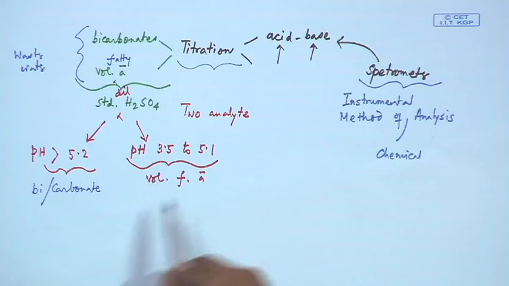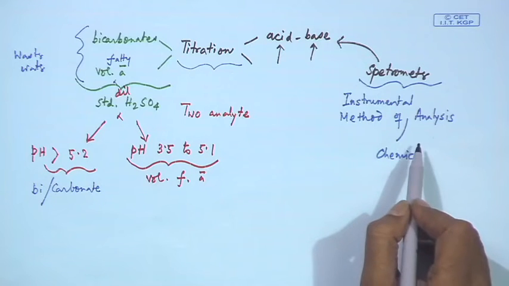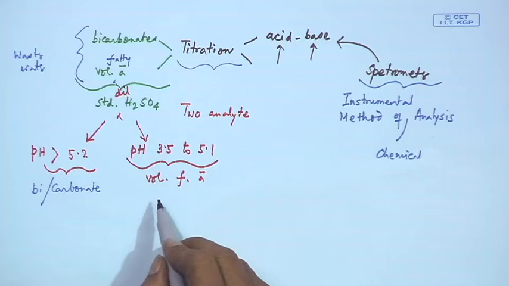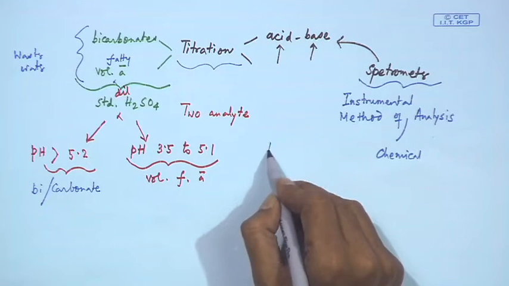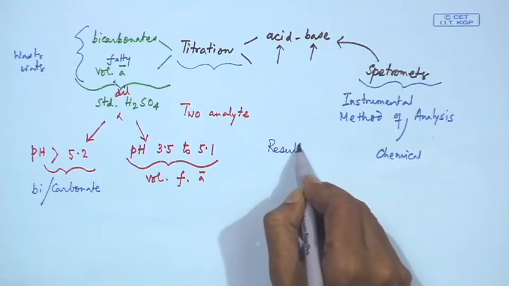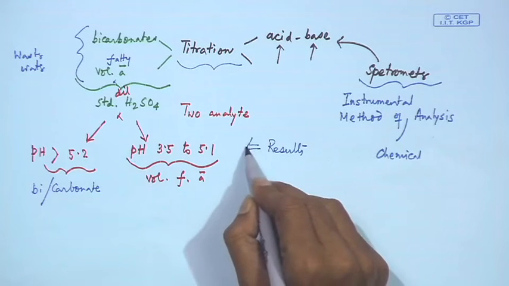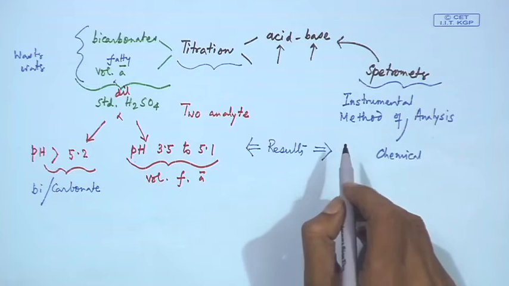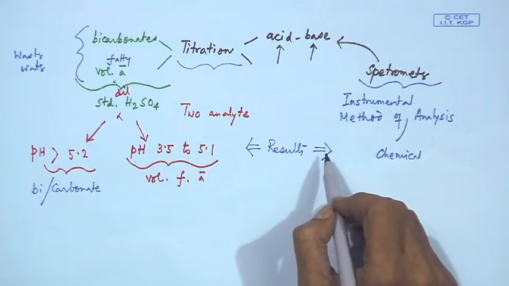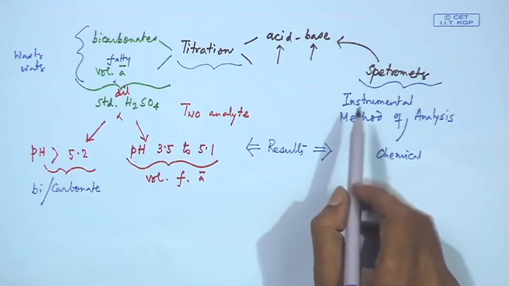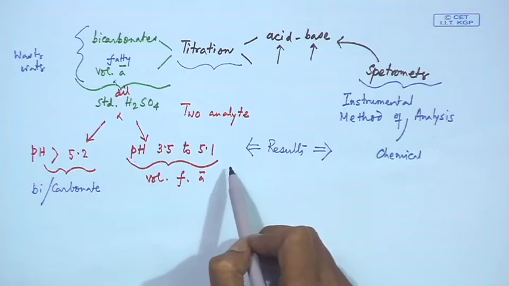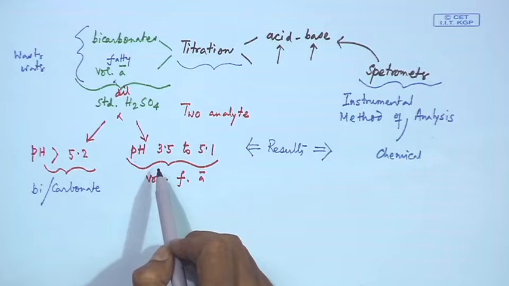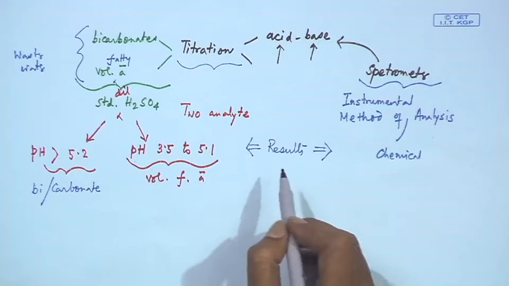So, whether we go for an instrumental method of analysis or a simple manual volumetric acid-base analysis, what we can compare is their results. If we compare the results using a spectrophotometer, we will discuss today how we can introduce an instrument and how we visually detect the endpoints for the titration of these two analytes or components.